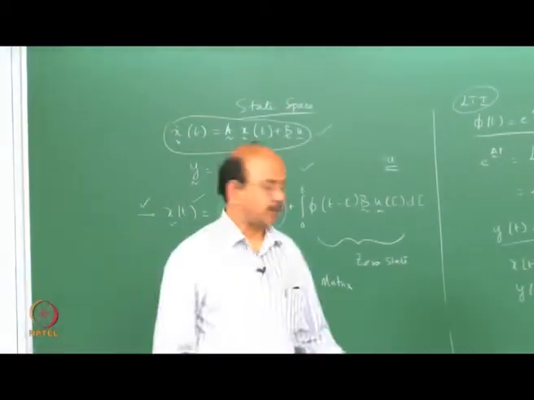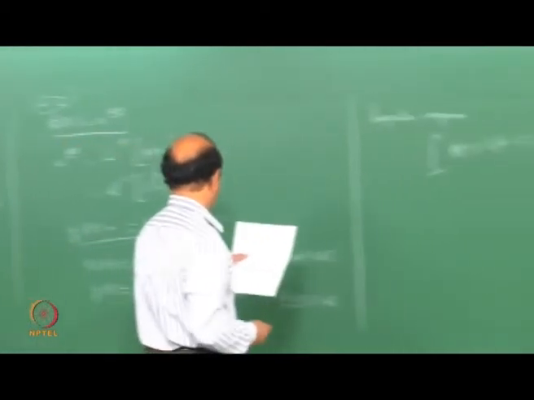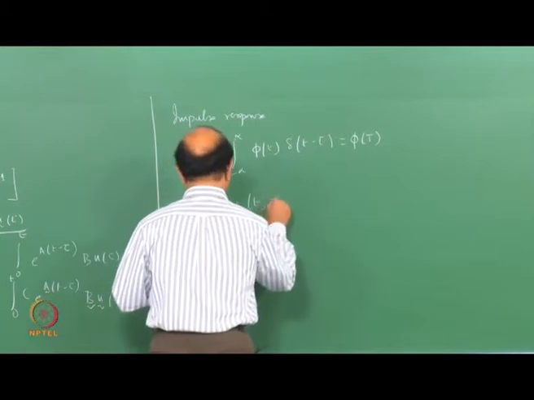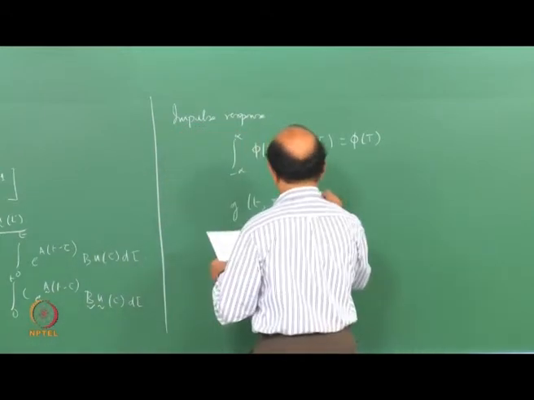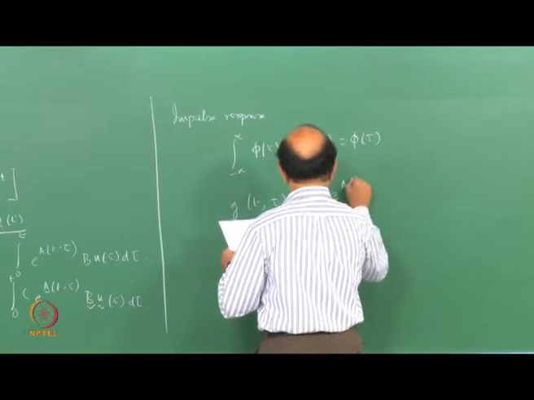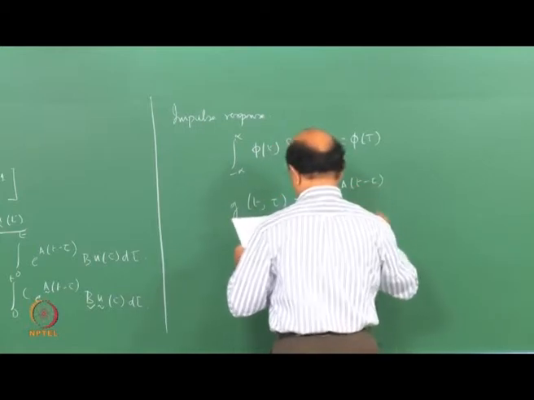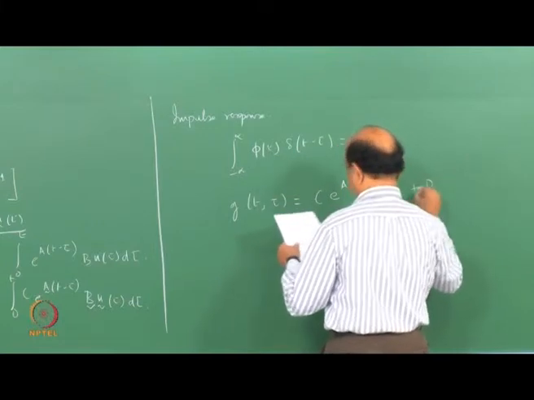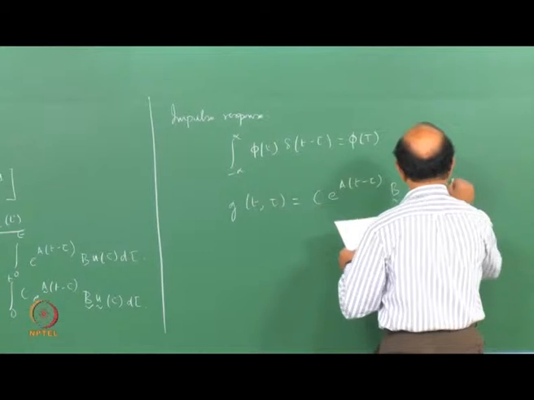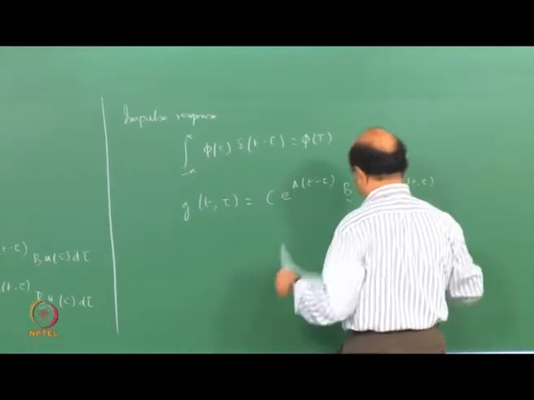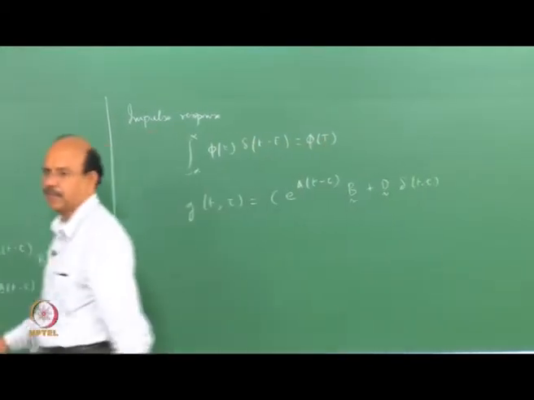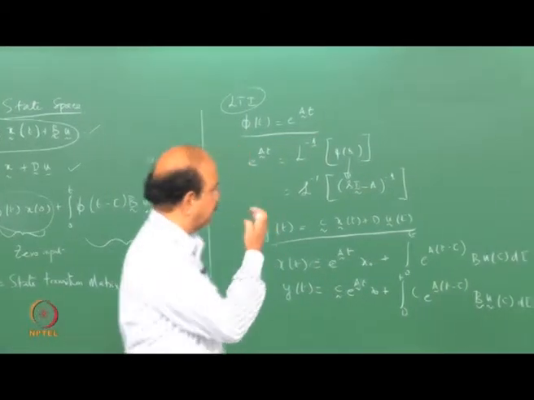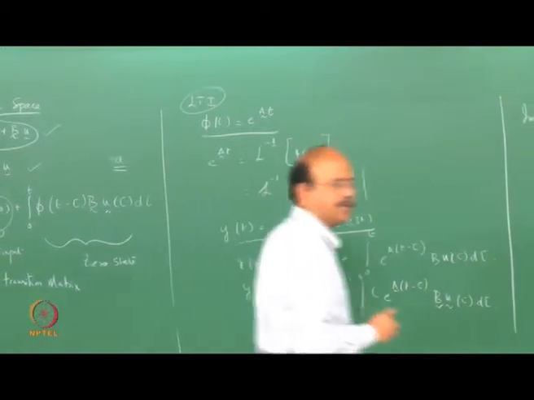Now substitute that into this expression, and ultimately you can write down c e power a(t minus tau) b plus d delta(t minus tau). For a minute we will remove this d. Usually d is not there, but if you want to retain it, you can. How did I get this g?